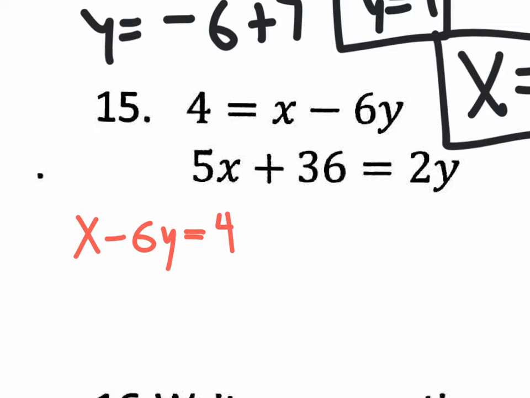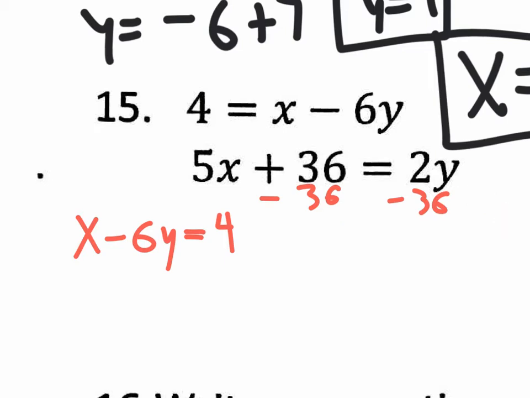The other one, it's almost in standard form. All I got to do is subtract the 36, and then I need to subtract 2y. Maybe it's a little too confusing to do two steps in one. Let me do one at a time here. So check it out.